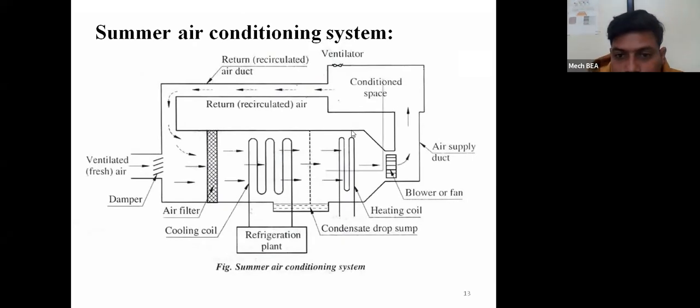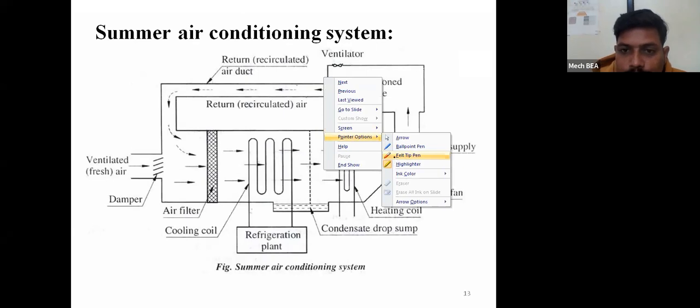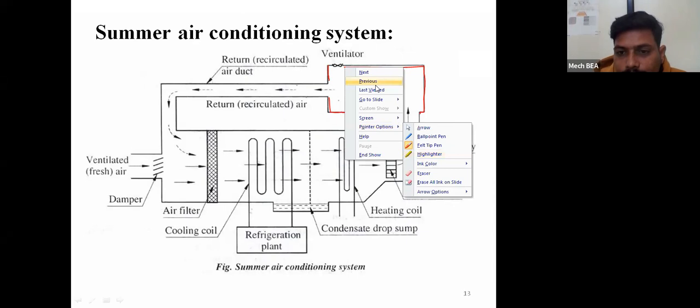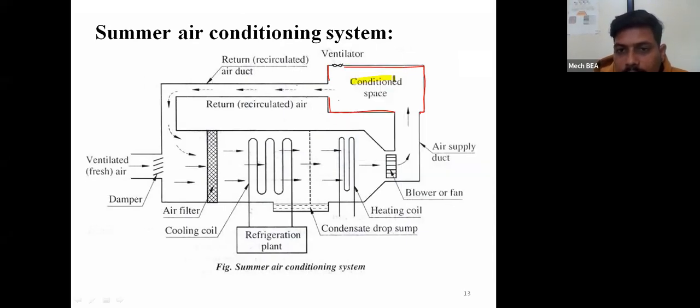So here, suppose this is the space which I want to cool or which I want to maintain. This will be called a conditioned space.